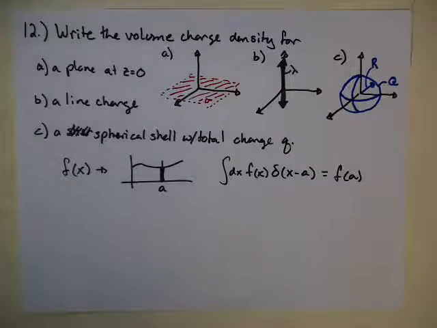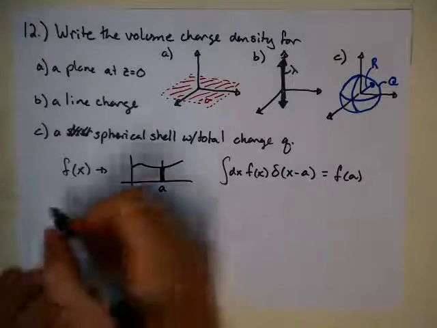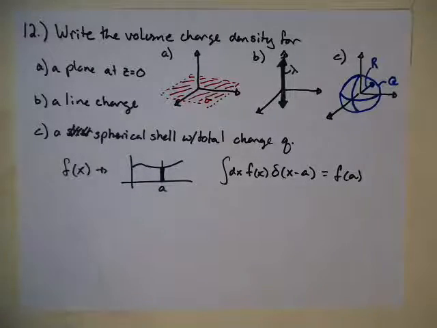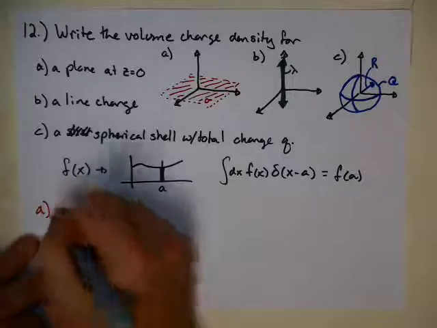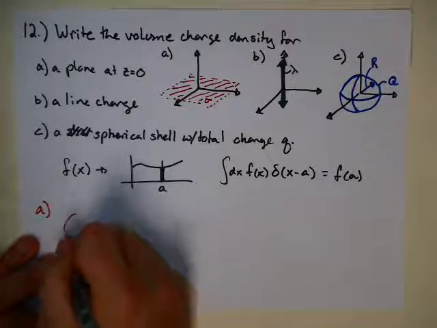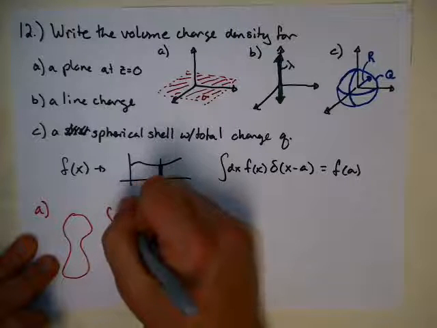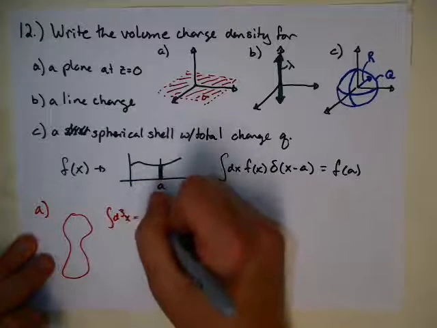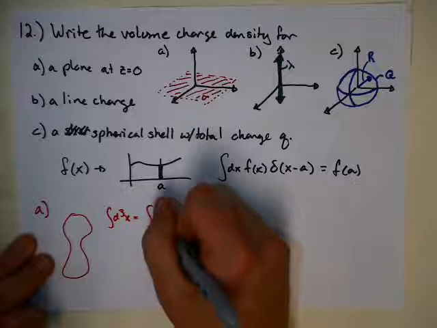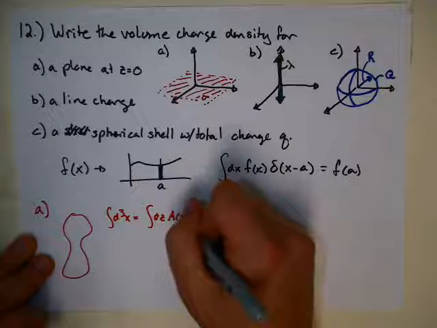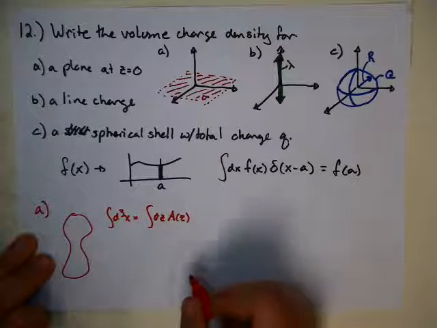We're going to use that to try and justify the fact that if I have an expression, so let's look at the plane charge first. If I have some volume, and I look at the integral d3x over that volume, I should be able to write this as an integral dz of some area function, as a function of z.